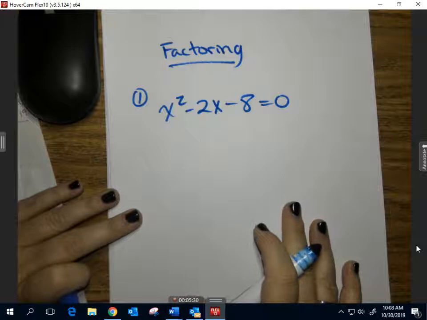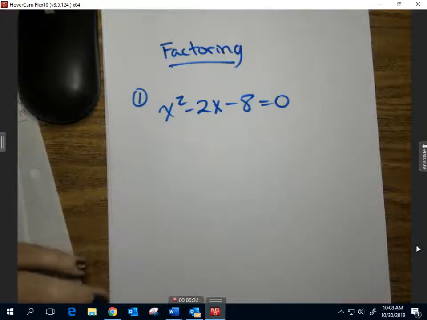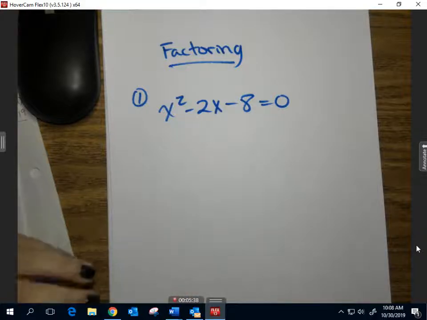And we're not just factoring, but we're going to solve by factoring. So if you think you're going to have to retake a test, then you probably want to write this down, because this was on your last test. Alright, so to factor, let's talk about how we factor.